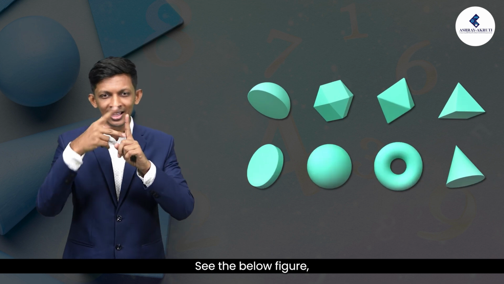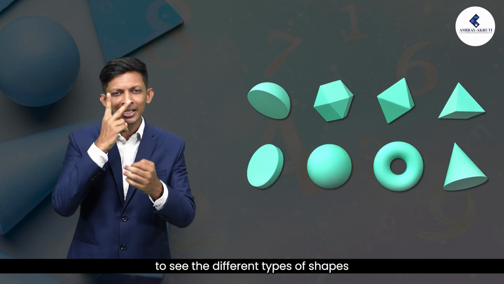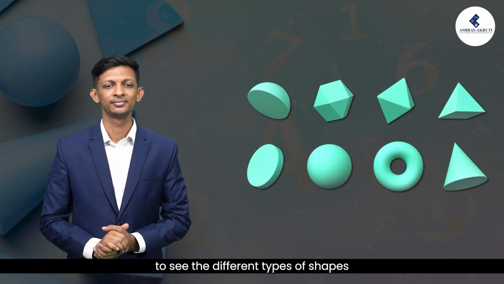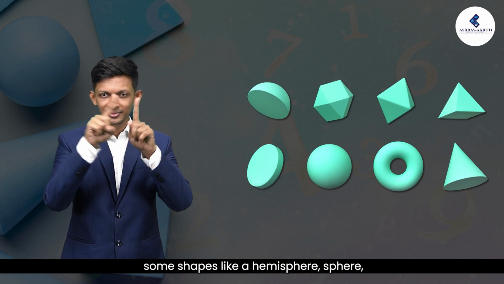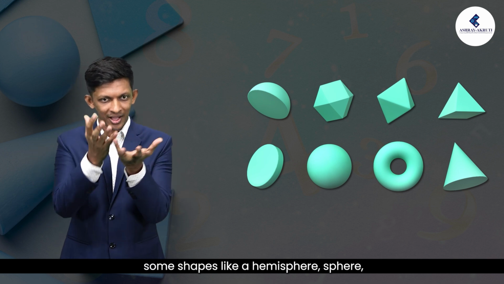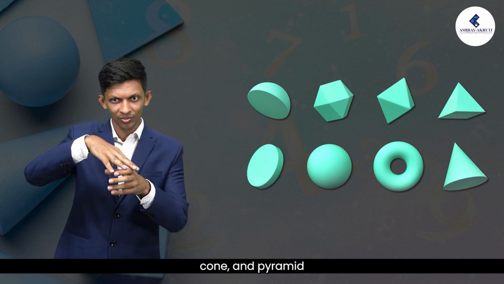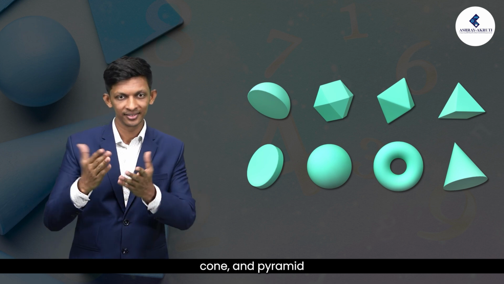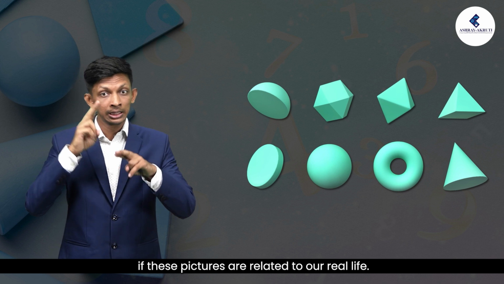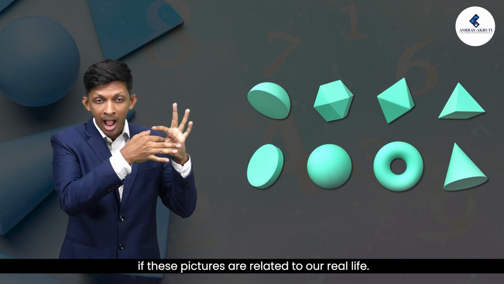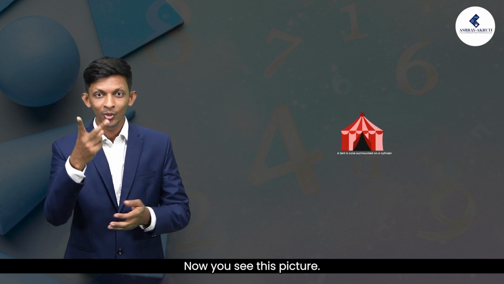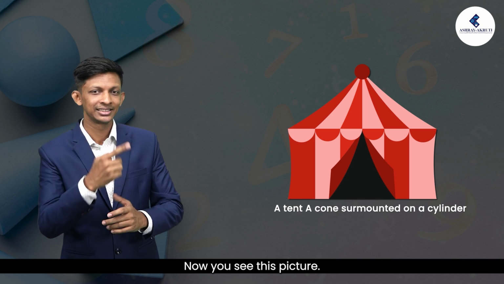See the below figures to see the different types of shapes. This shows some shapes like hemisphere, sphere, cone and pyramid. Let us know if these pictures are related to our real life. Now you see this picture.